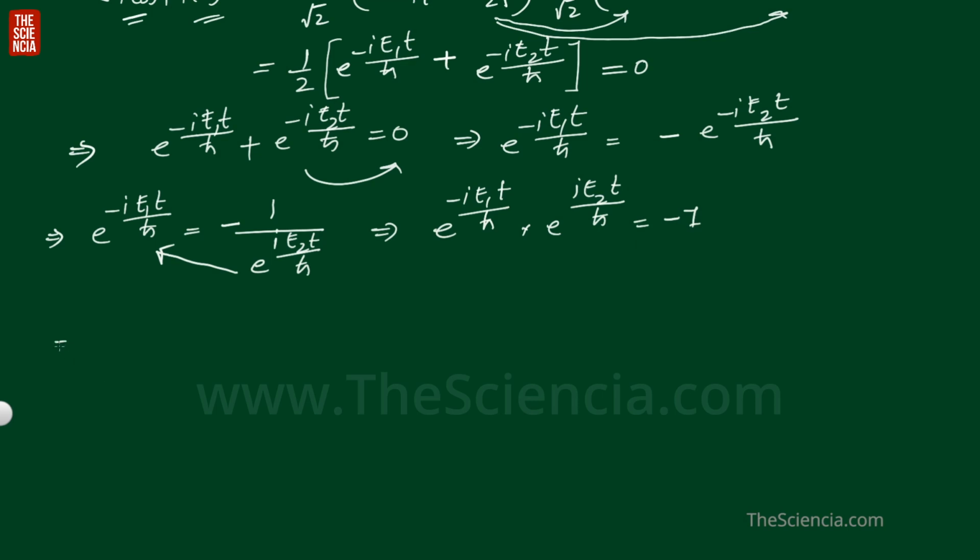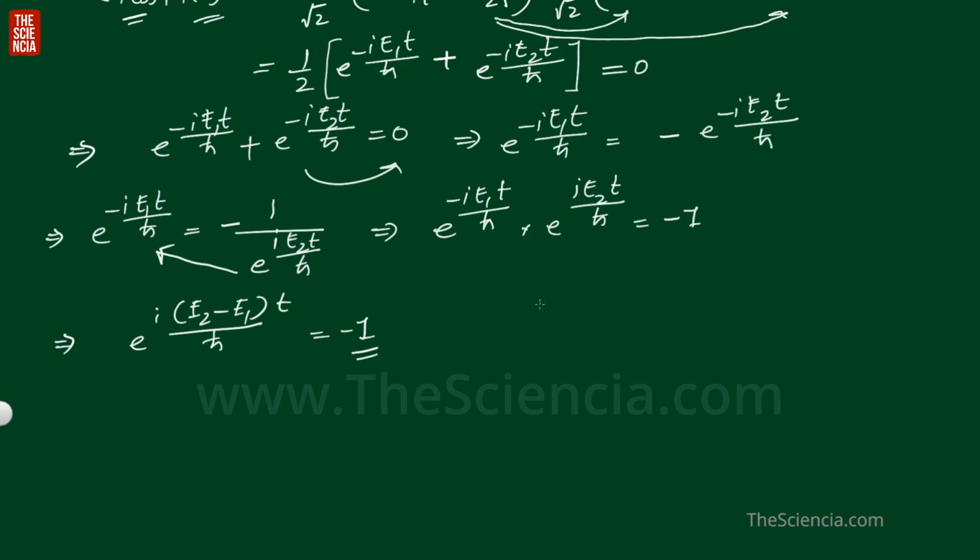And this is equal to e raised to i (E2 minus E1) t by h cross, which is equal to minus 1. So here the question is to find the time value. The left hand side is an exponential function and the right hand side is just minus 1. If we can write this minus 1 as an exponential function, then we can easily equate these two.